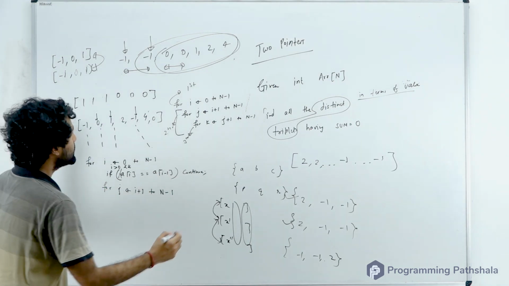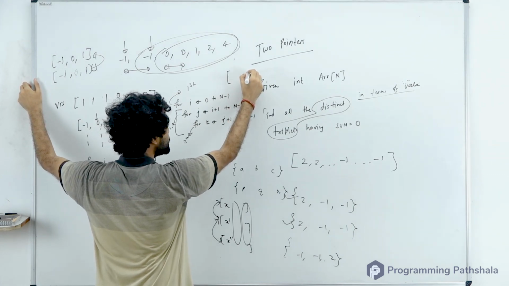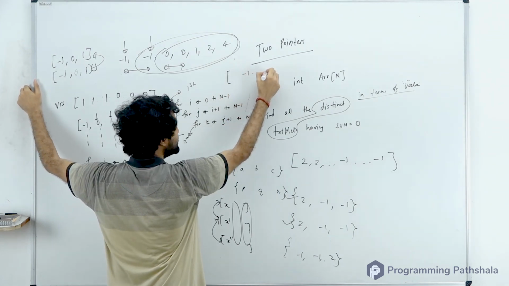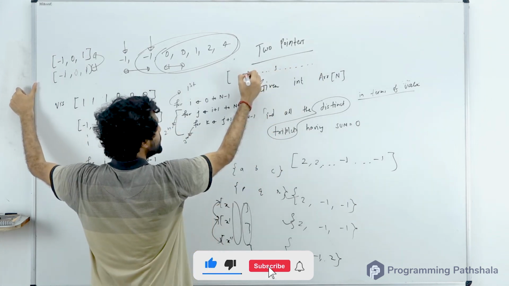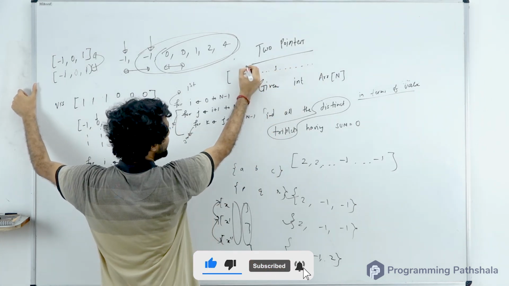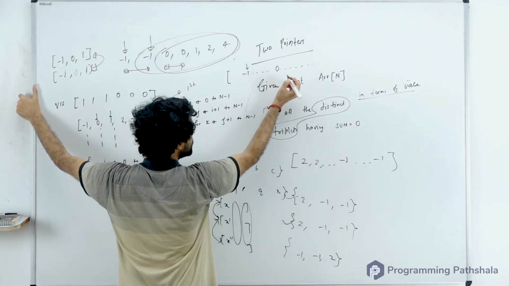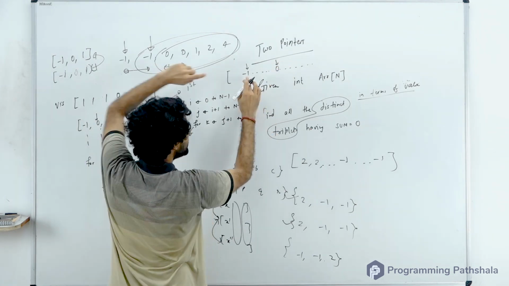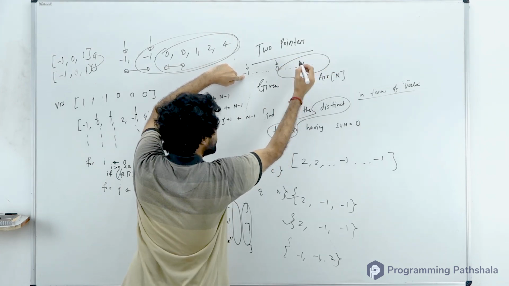Now tell me one thing. Let's say there was an array where there was a -1 over here, and then there was a 0 and a 0, and then many other things. You considered this -1 and this 0, and then from here you found a 1.